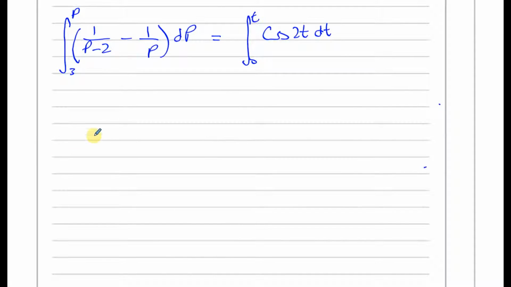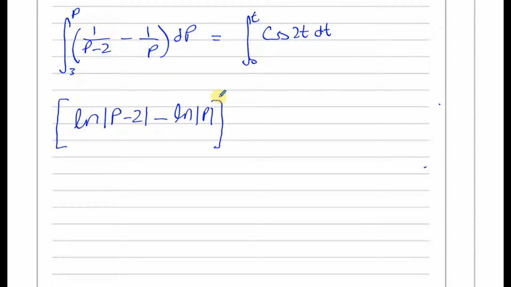Okay, so now we can integrate. I can get rid of the integral sign and put my square brackets. The integral of 1 over p minus 2 is the ln of p minus 2. Now, normally we would put the modulus signs.